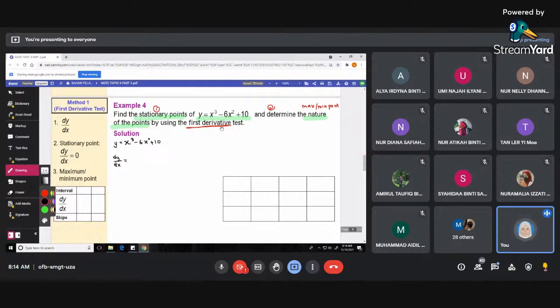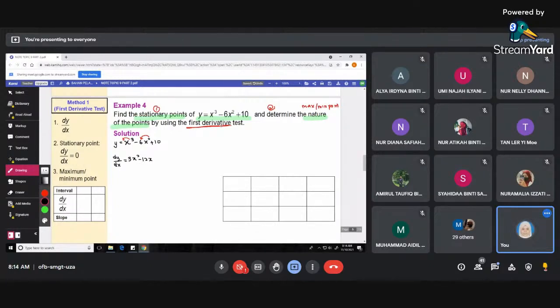How to differentiate x cubed? Remember 3 steps. Power bring to in front, copy and minus 1. So 3x squared. And then 2 bring to the front, so it becomes negative 12, copy minus 1.